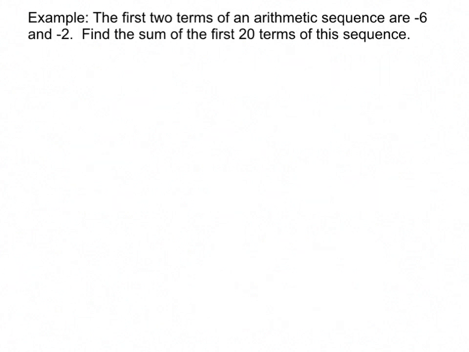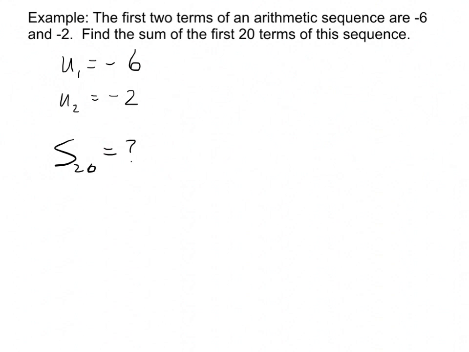The next example: the first two terms of an arithmetic sequence are -6 and -2, so they just told us that the first term is -6 and the second term is -2. They want us to find the sum of the first 20 terms, so they want S20. Well, here's the deal.